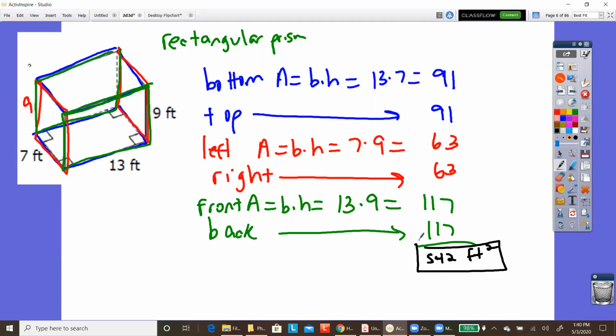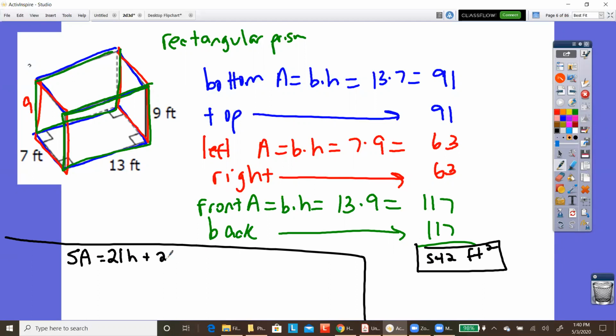Now, before we continue, I know what some of you are thinking, I don't want to do it that way. I found this other formula on the internet that says SA, which by the way, SA stands for surface area, is 2LH plus 2WH plus 2LW, where L, W, and H stand for the length, the width, and the height of a rectangular prism.